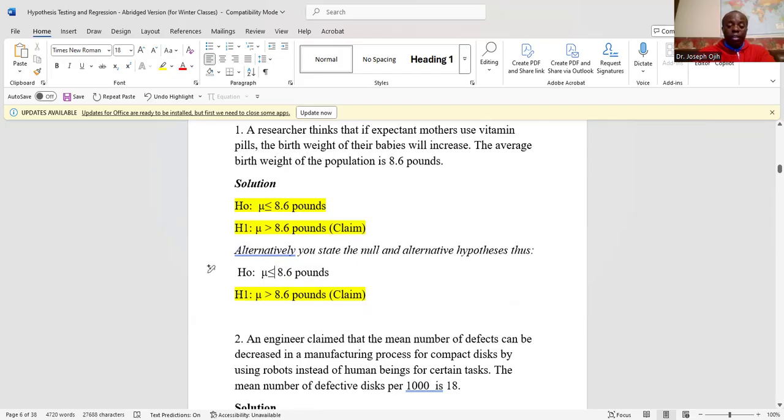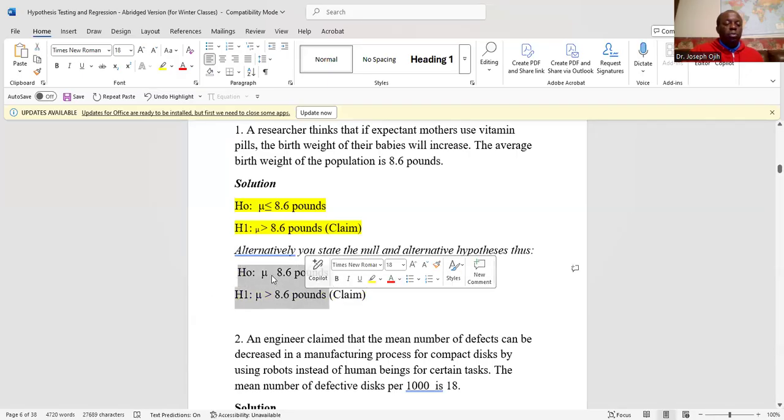Then the alternative will just be, and I want to highlight it with a different color so you can know the difference.